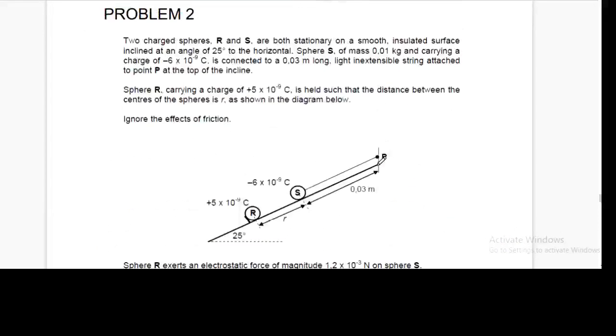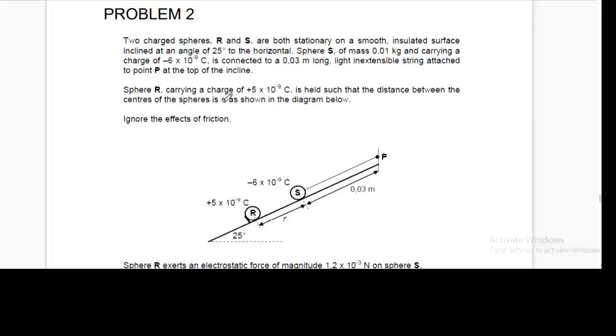Okay, so we are at problem number 2. Two charged spheres R and S are both stationary on a smooth insulated surface inclined at an angle of 25 degrees to the horizontal. Sphere S of mass 0.01 kg and carrying a charge of -6 times 10 to the power minus 9 is connected to a 0.03 meter long light inextensible string attached to point P at the top of the incline.